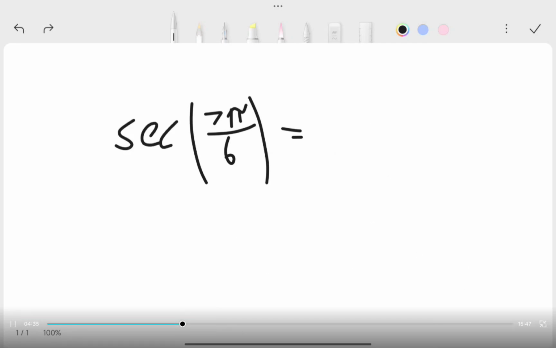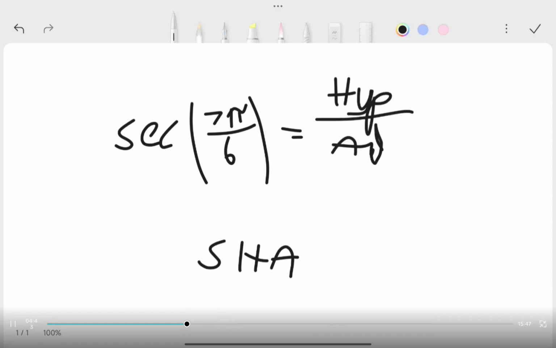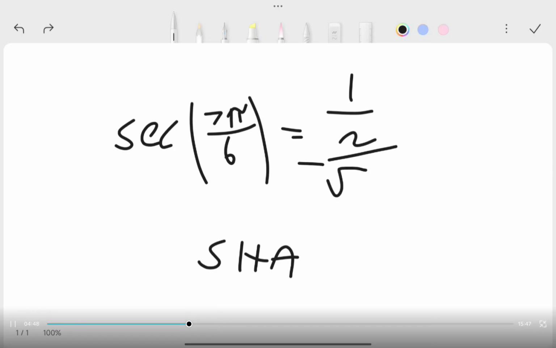Next is the secant, the reciprocal of cosine, so the hypotenuse over adjacent. Our hypotenuse is 1 and adjacent is negative square root of 3 over 2.